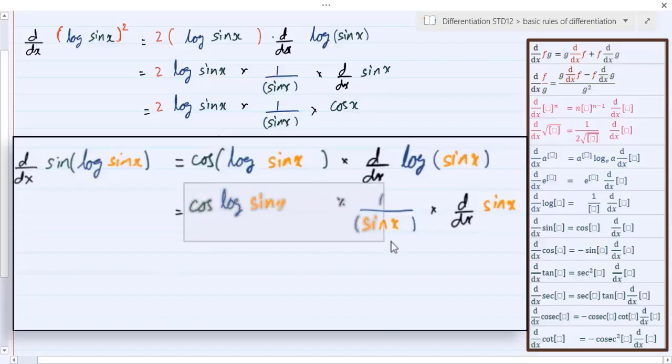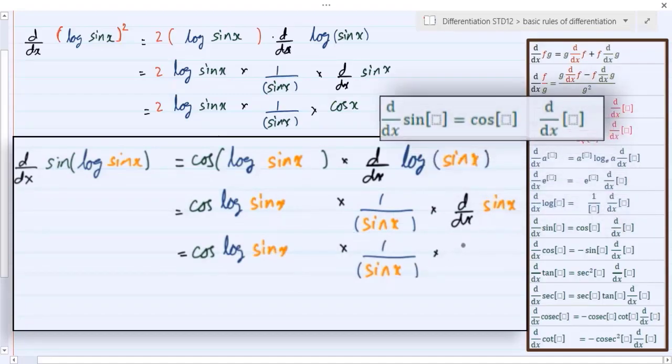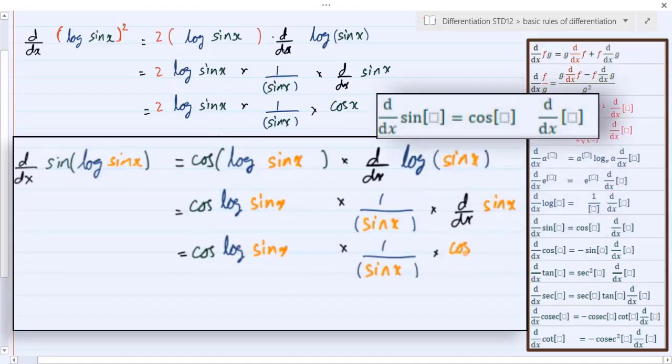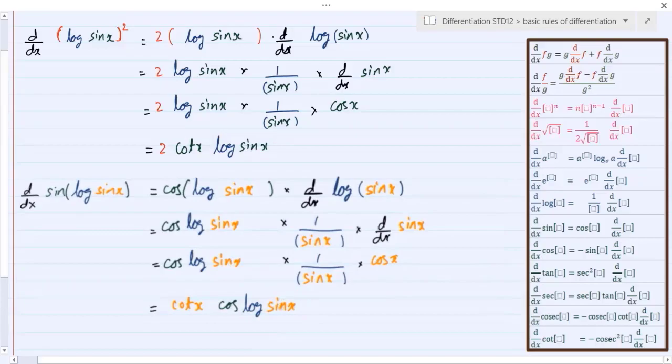In the next step, cos(log sin x) upon sin x will be as it is. We just have to differentiate sin x, which is cos x. So cos x upon sin x will become cot x, and this cos(log sin x) will be as it is. Ta-da!